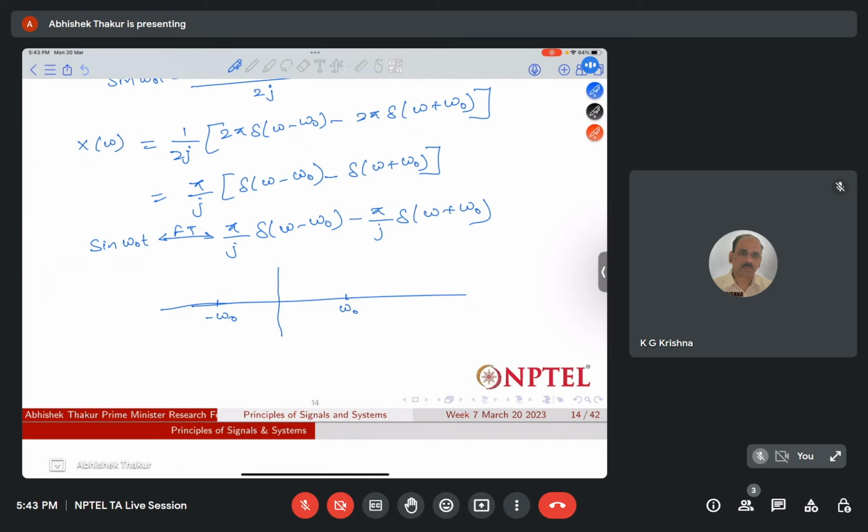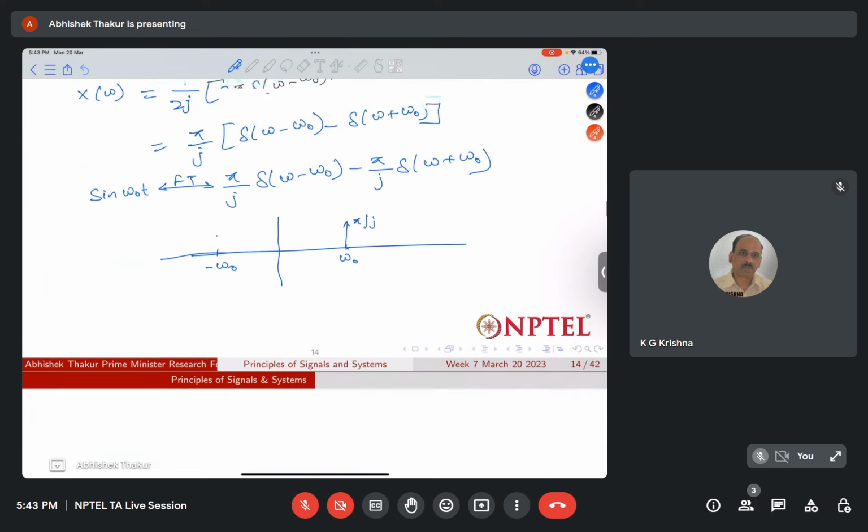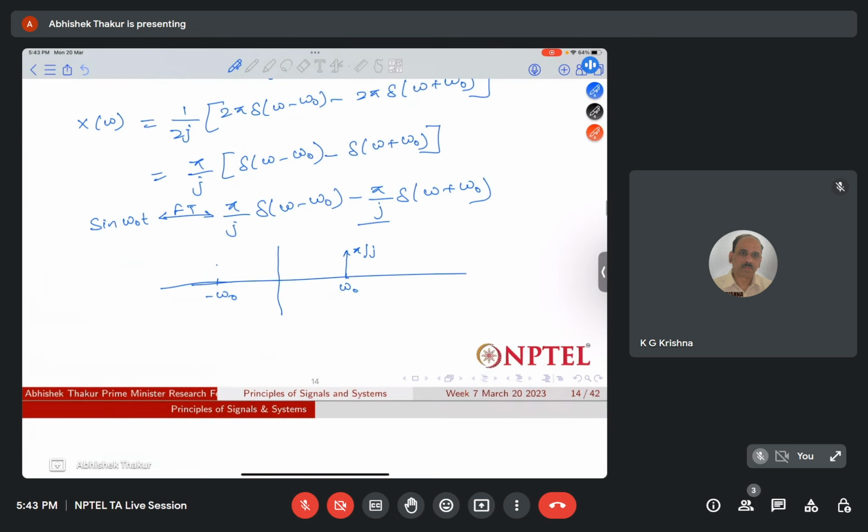That will be pi by j, and here it will be minus pi by j. Okay. Here you can see minus of pi by j. So therefore the Fourier spectrum of sine omega naught t consists of only two components of frequency, at omega naught and at minus omega naught. So any doubt up to here, then you can ask.